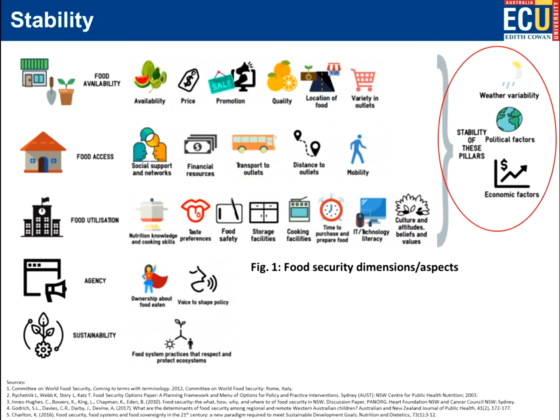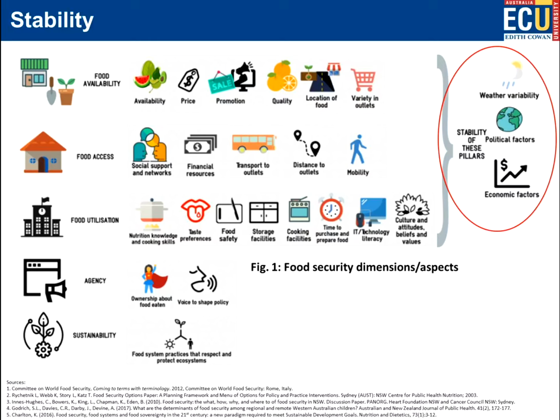Next, we have the stability of the food availability, access, and utilisation aspects. This can be impacted by factors such as weather variability. Certainly, in parts of Australia, we might have cyclones or other weather events that may cause roads to be blocked off.